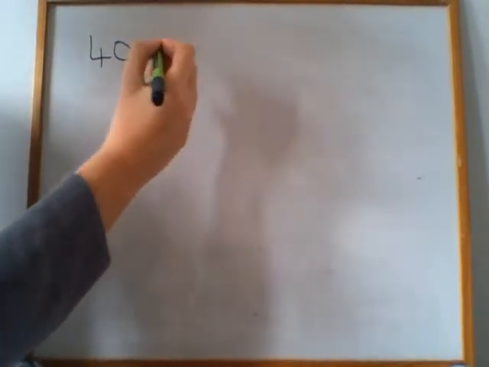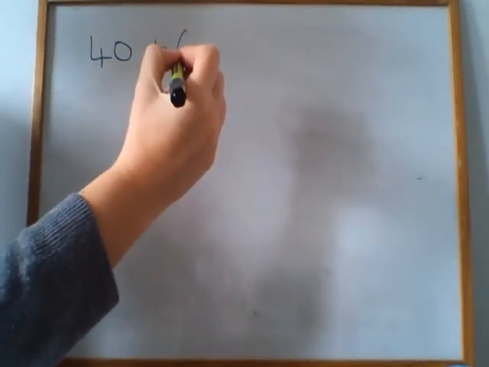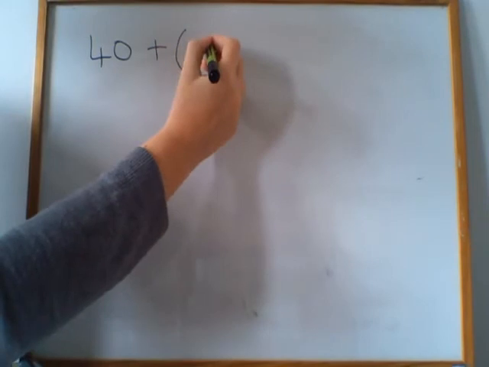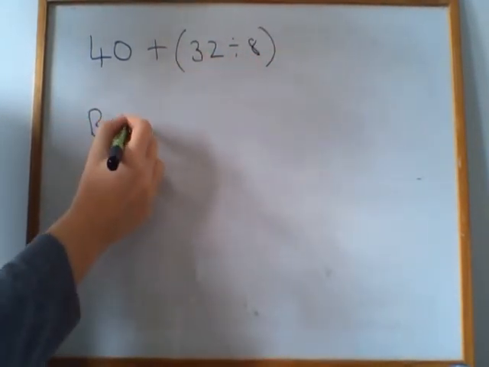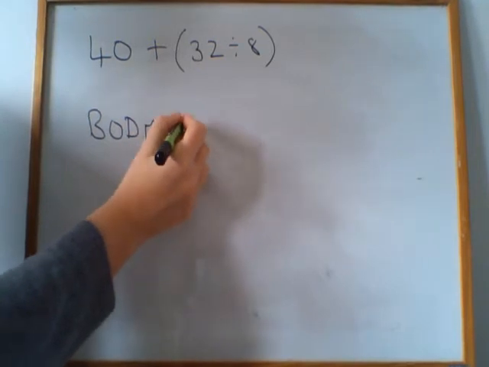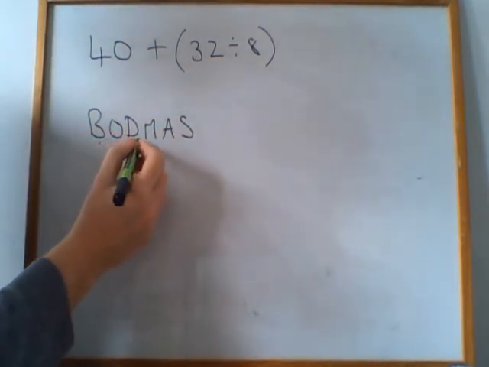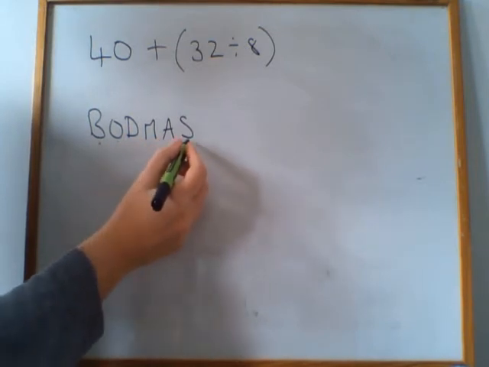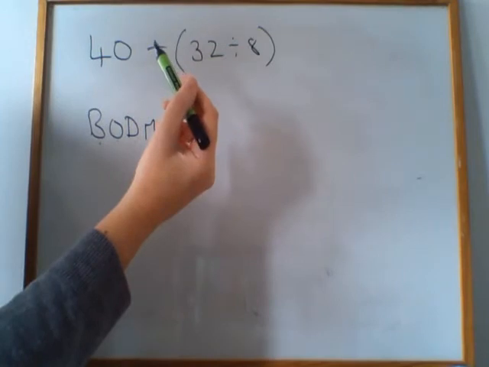Number 6, we've got one of those questions where we have different operations. So we've got an addition, we've got brackets, and then we've got a division. So we've got 32 divided by 8. So I'm going to write down BODMAS, because if I forgot what order they go in, this will help me. Brackets, order, division, multiplication, addition, subtraction. So here I've got brackets, division and addition.